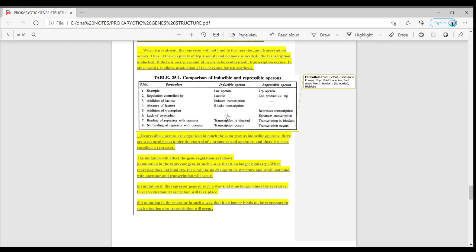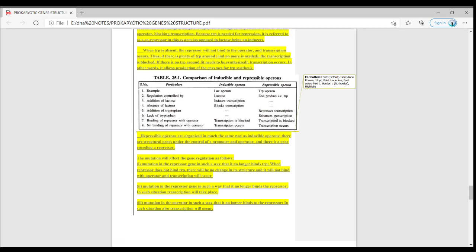Addition of tryptophan will not work in the inducible operon, but it will work in the repressible operon, that is, it represses the transcription process. Lack of tryptophan, that is the absence of tryptophan, is not seen in the inducible operon, but in the repressible operon it will bring about the transcription process.